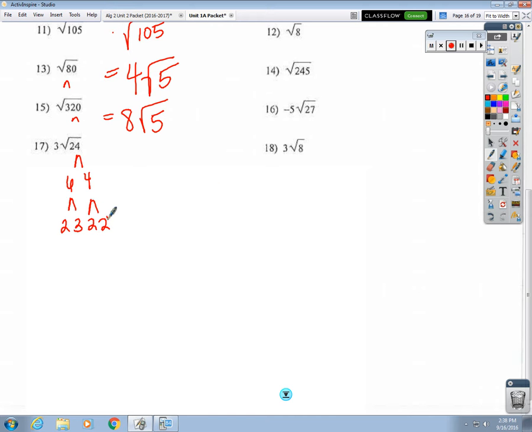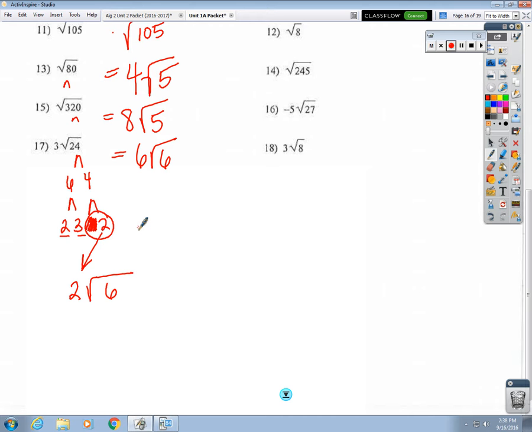Okay, so now we have one pair. So one of those in the pair gets killed, one of them gets kicked out. The others get to go back in and they make a what on the inside? Okay, but that's not the final answer because you have to now join this 3 with this 2 to make a 6 on the outside. You multiply.